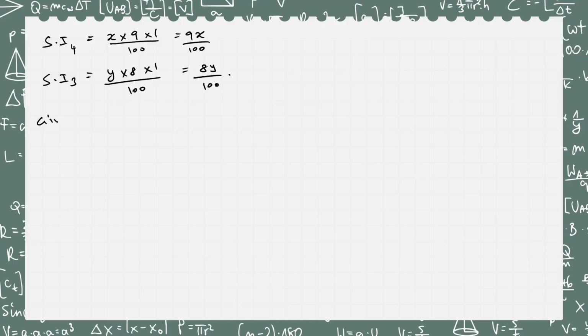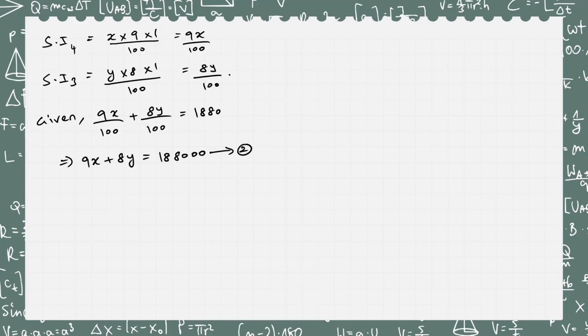So what is given? Let us frame the equation. SI3 plus SI4 equal to, we can exchange their positions also because we always want x in the first position, right? That's why I am exchanging their positions. This total is equal to 1860 plus 20 is 1880, right? Now here also taking 100 as LCM and sending it to the other side, we have 9x plus 8y equal to 1,88,000, and this is our second equation.